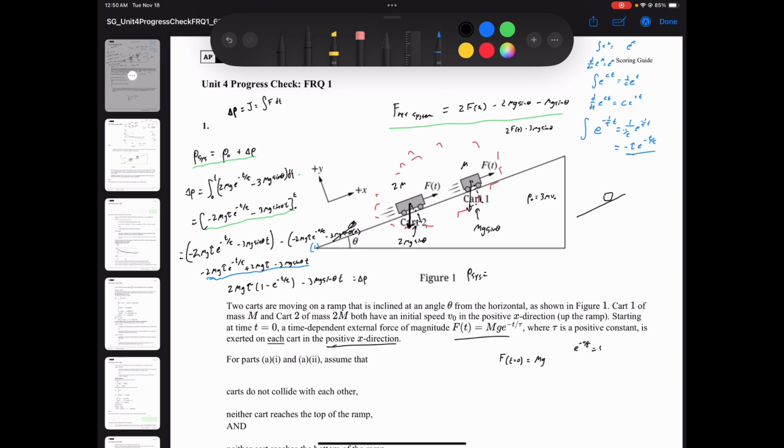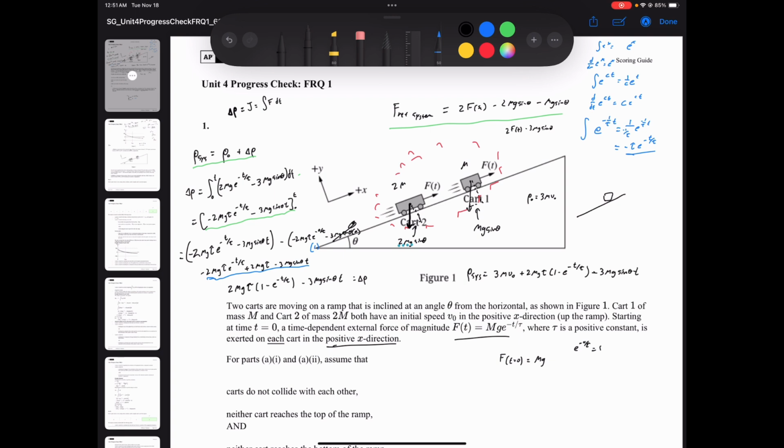So my momentum of the system as a function of time is 3m v naught, plus this impulse acting on the system. So plus 2mg tau times 1 minus e to the negative t over tau, minus 3mg sine theta times t.